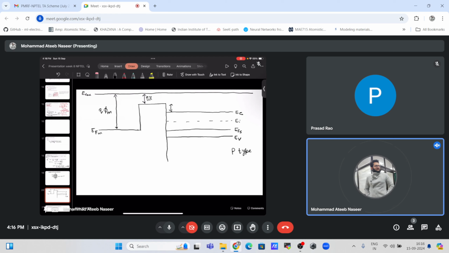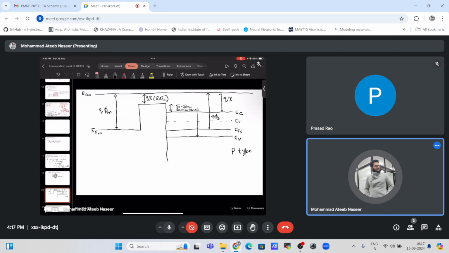The oxide is having some electron affinity. This is our silicon dioxide, and this is the barrier for electrons. This is the electron affinity for the semiconductor. This is the q psi s.